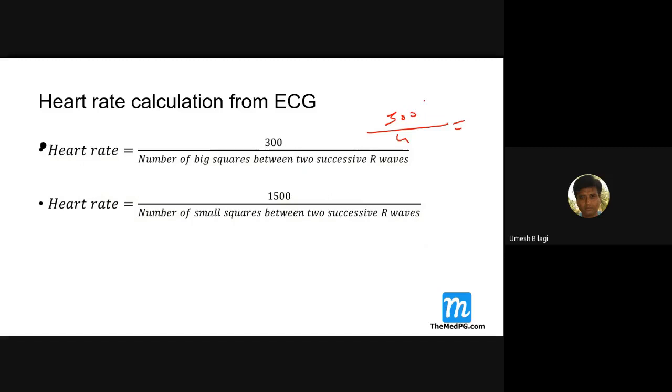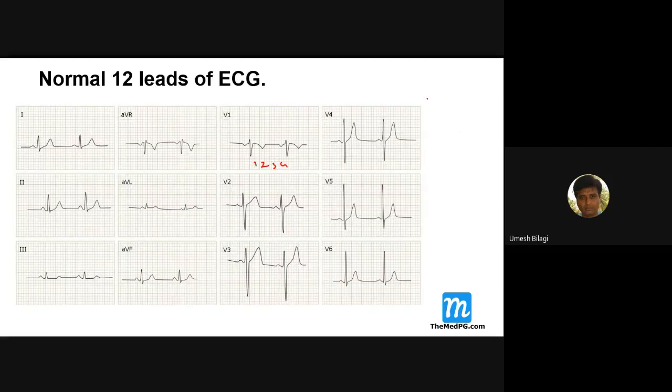Around 70, 73 something. 75, sir. Yes, 75. 75 is the approximate heart rate in this ECG.